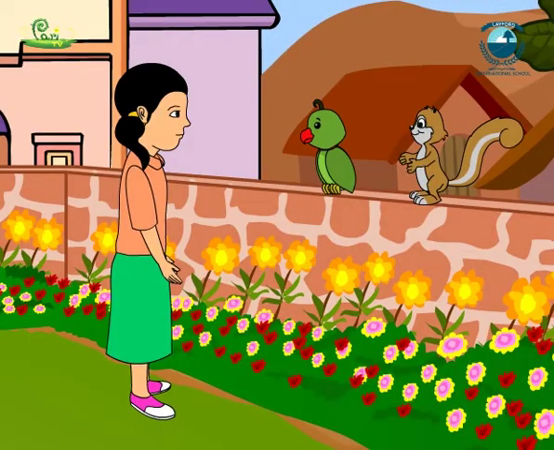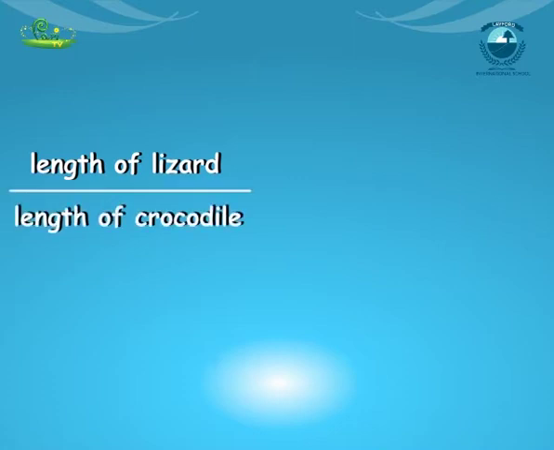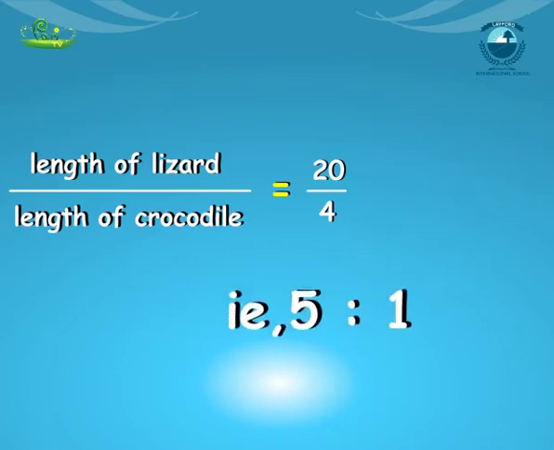It will be length of lizard divided by length of crocodile is equal to 20 divided by 4 is equal to 5 divided by 1. That is 5:1.